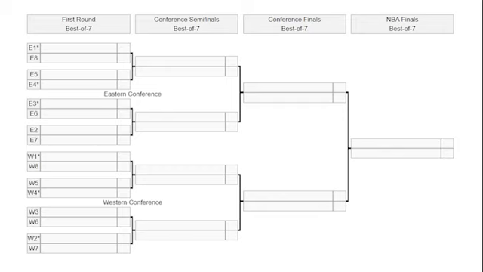So if we follow the asterisks, E1 is a division leader, E4 is a division leader, and E3 is a division leader. And the point of this division leader system is to try and avoid the top 2 teams from playing each other too early. So if you look at this bracket, E1 obviously has the top record in the Eastern Conference, but they're also the top division leader.